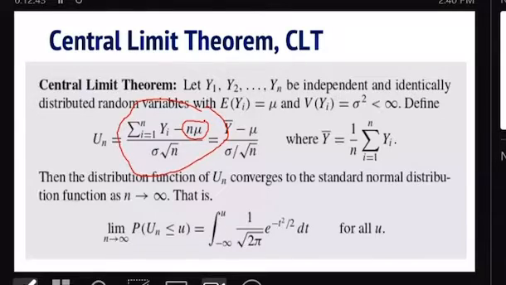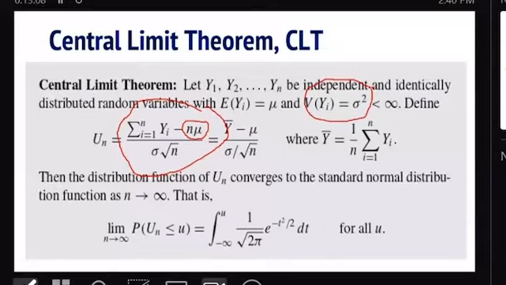And all these variances, take a look: the variance of yi equals sigma squared. Variance of y1 is sigma squared, variance of y2 is sigma squared, up to variance of yn. What would be the variance? The variance would be n sigma squared. Does that make sense? That would be the variance of the sum of random variables.